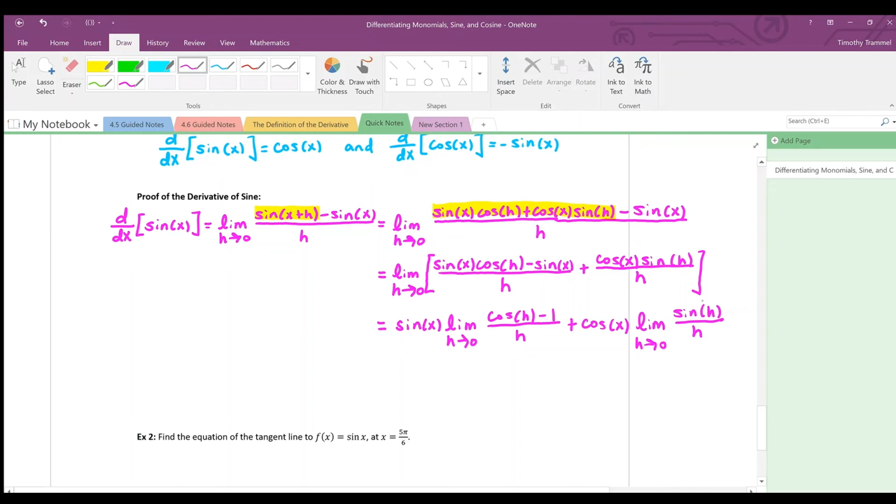And we know that this limit's 1. So we end up with 0 here, because of the limit as h goes to 0 of cosine of h minus 1 over h. But that second limit goes to 1, so we get plus cosine of x times 1. And so this is just cosine of x.